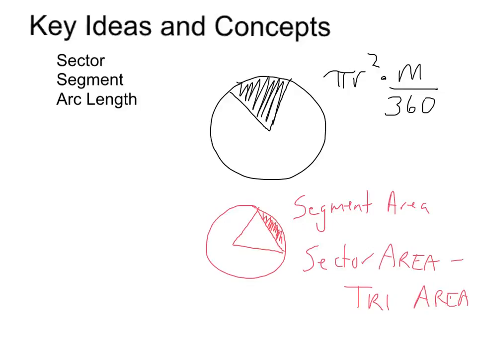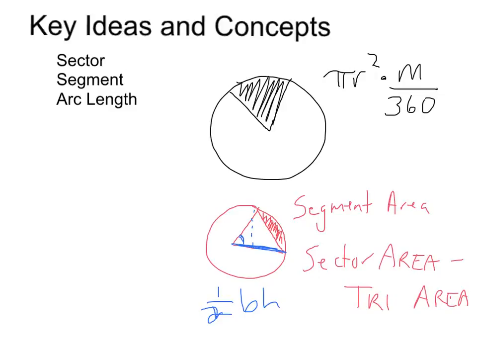And we need to remember that the triangle is going to be 1/2 base times height. Usually we have the base as the radius, and the height is going to depend on what sort of angle we have here.